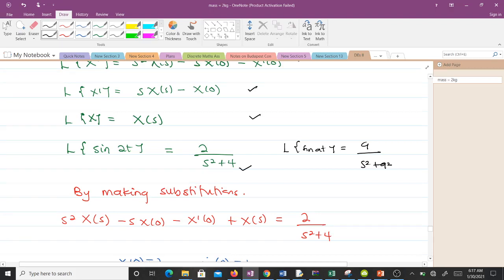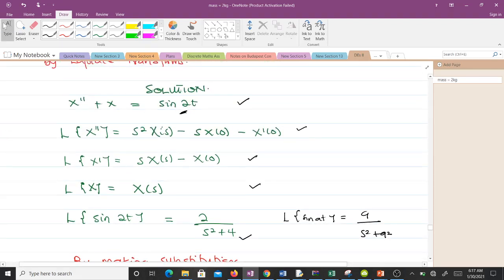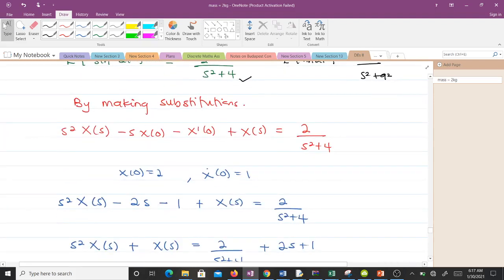So now we have the Laplace transform of x prime prime, that of x, and that of sine 2t. So we have to make substitution. So making substitution gives us this. Okay, where this here is our x prime prime, this here is our x, and this here is our sine 2t.